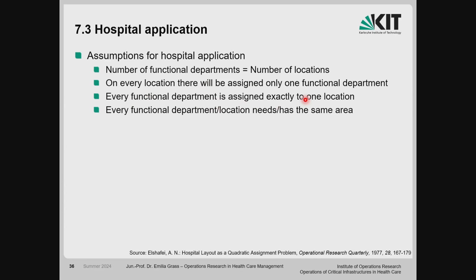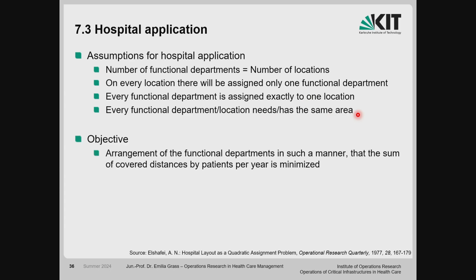Okay, and what is also a simplified assumption is that every department needs the same area, the same space, which could be unrealistic, and often is unrealistic. And the objective is to arrange these departments in such a way that the distance or the weighted distances are minimized. Okay, for the patients, because of quality considerations.